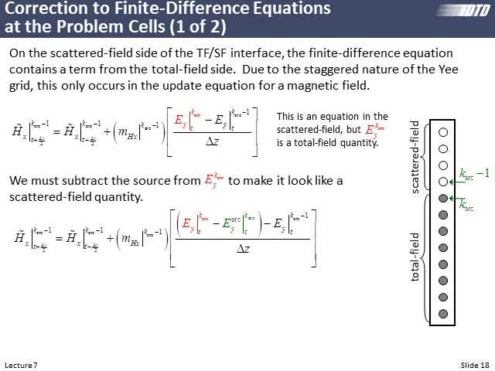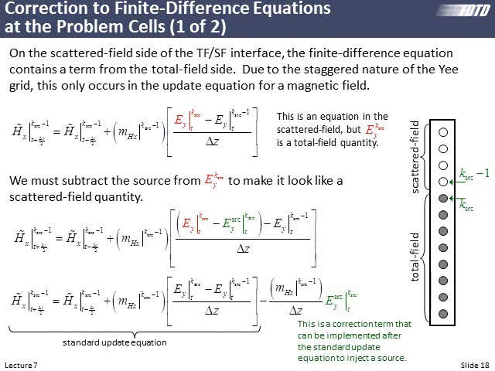So we will take that term and we will subtract the source from it. Since this is a total field term which contains the source and scattered fields, if we subtract the source from it, that difference is a scattered field quantity. So now our equation works after subtracting the source.